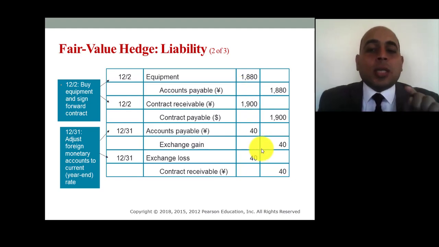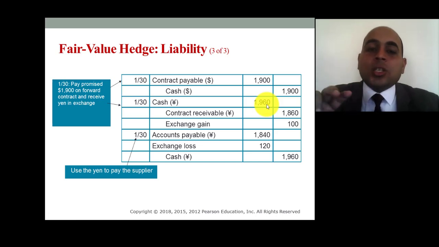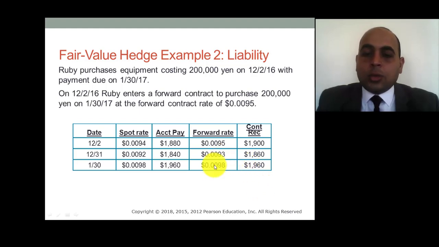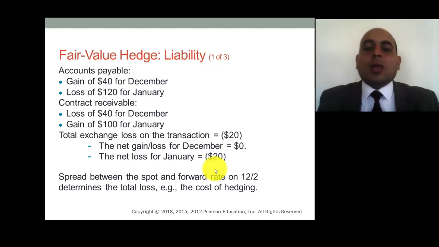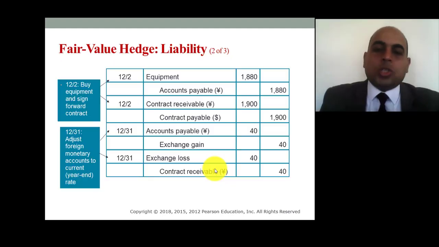But against this amount that we own, we received 1,960. Why? Because the exchange rate has been increased from 93 to 98. So we have receivable, and the value of this receivable has been increased because of the increase in the exchange rate.